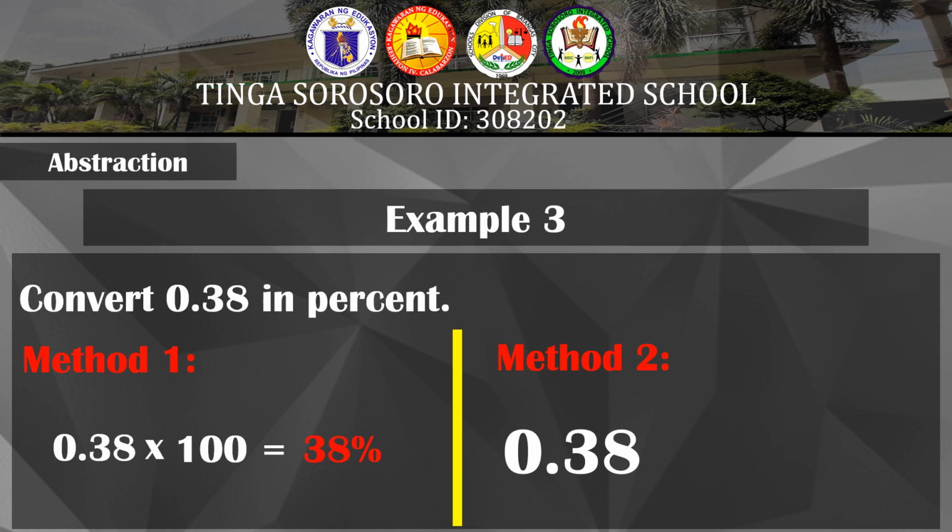Ayon sa method number 2, move lang daw natin yung decimal point in 2 places to the right. So, let's move it. 1, 2. So, dito tumigil yung point. Ibig sabihin, itong 38 ay magiging whole number na. So, this is equal to 38%.